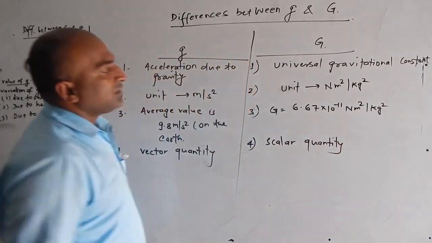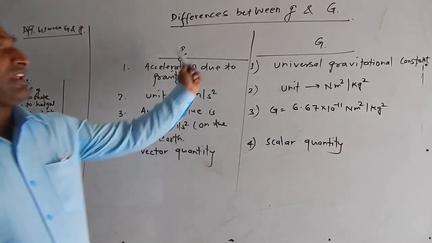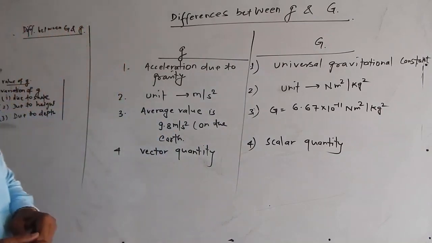In this way, there are a few differences between acceleration due to gravity and the universal gravitational constant.